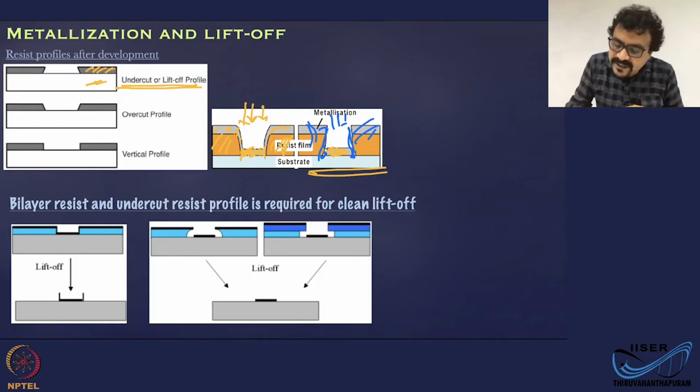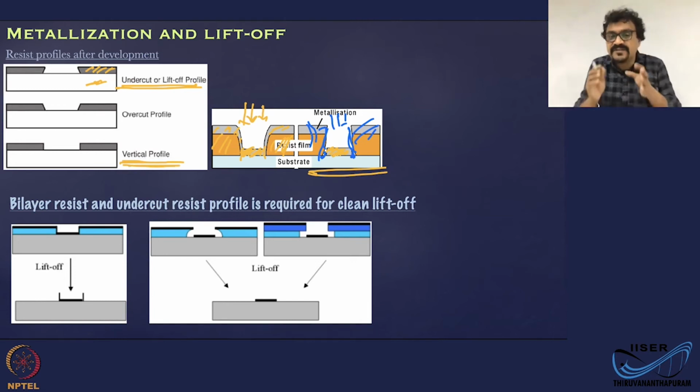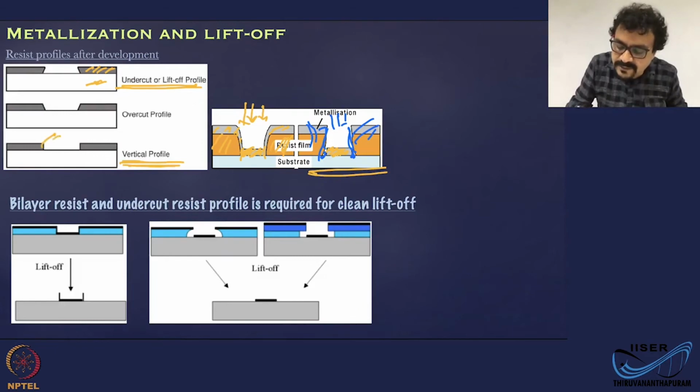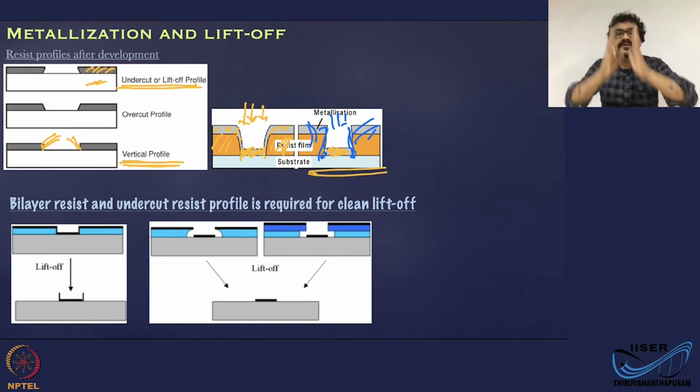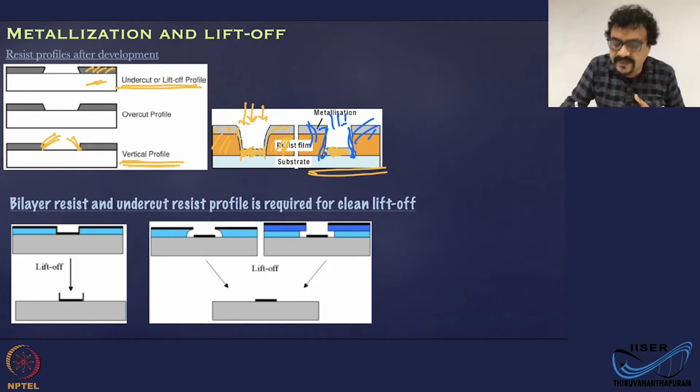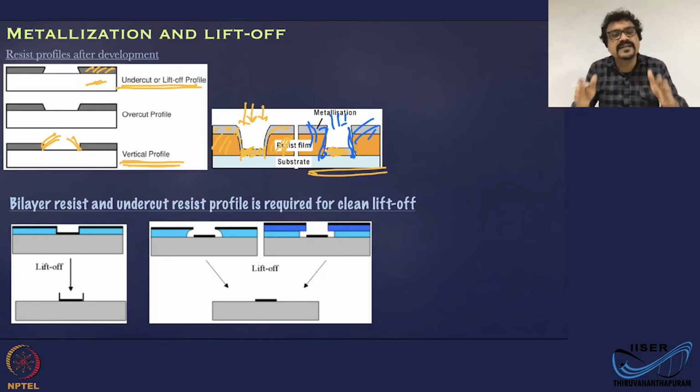The vertical profile is also fine, but if there is a small angle when you deposit metal, then you can get metal coated on the sidewalls also, which is not desirable.